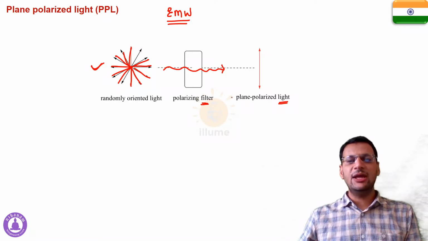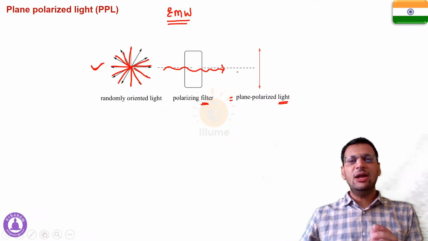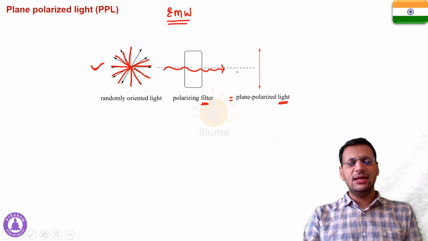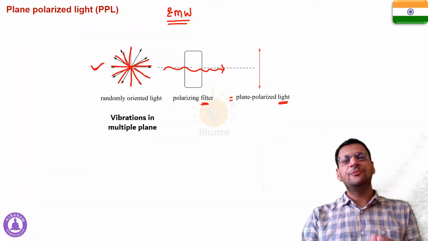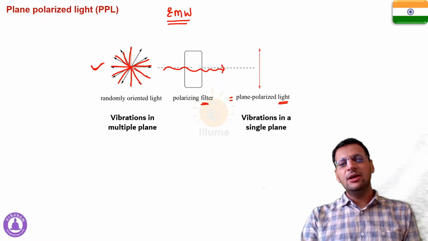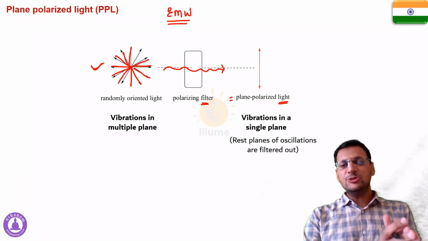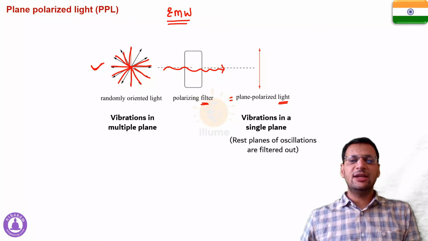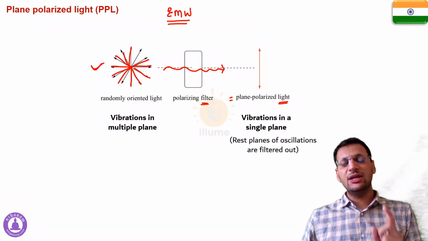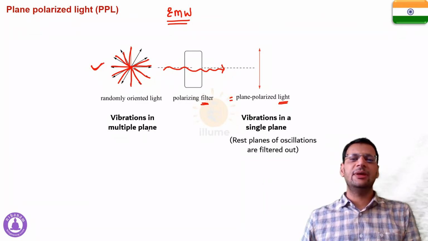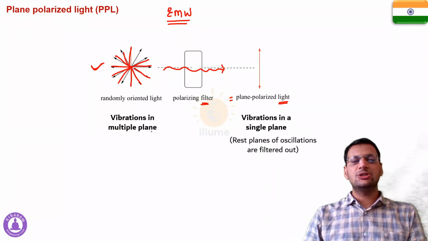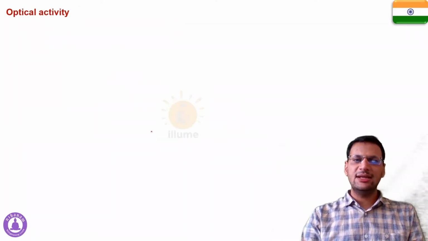That means, what is plane polarized light? A light in which oscillations take place only in a single plane, whereas normally the vibrations are in multiple planes. This polarizing filter has filtered out the rest of the planes of oscillation, so only a single plane remains.